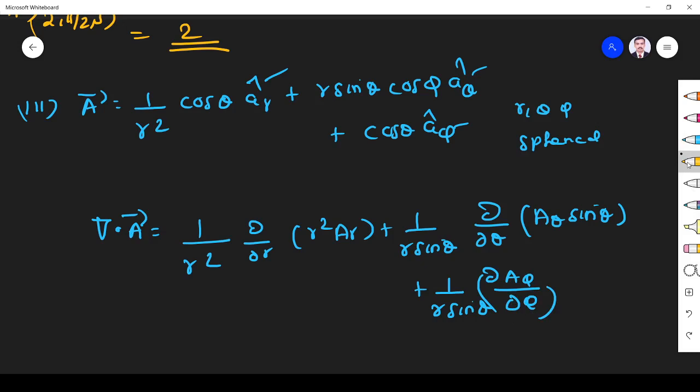Right? You see what is Ar? Ar is the component of the vector along the r direction. This is the r direction, so this is the component. So this must be our Ar.